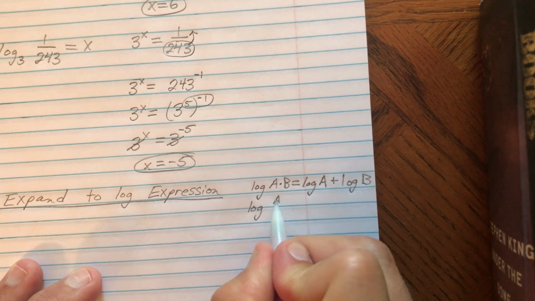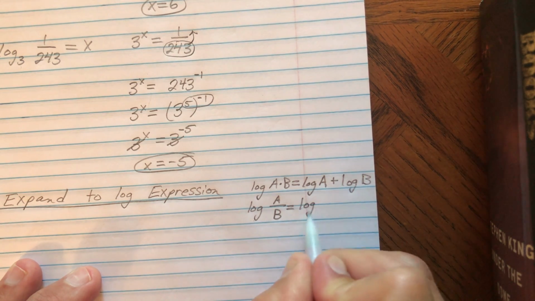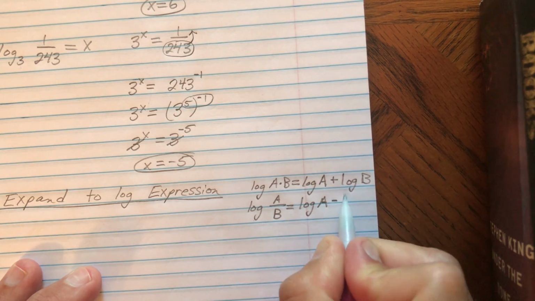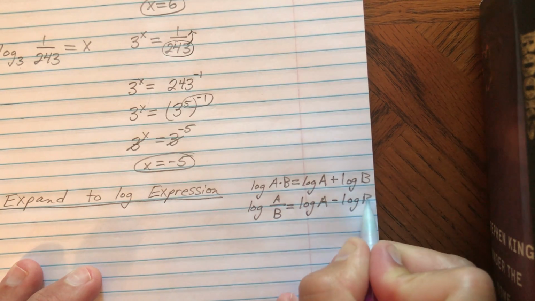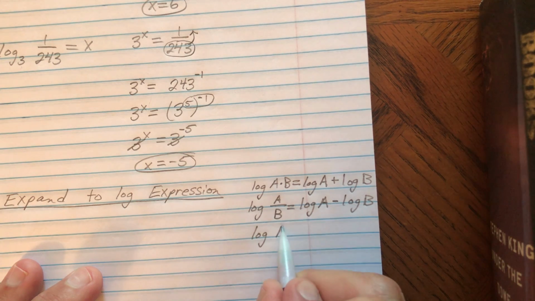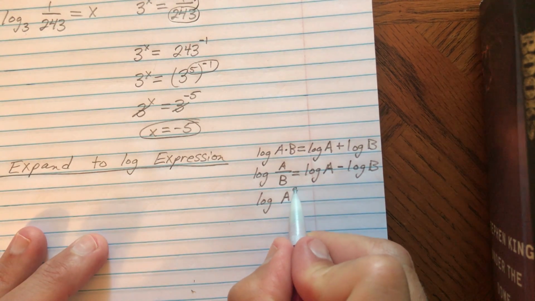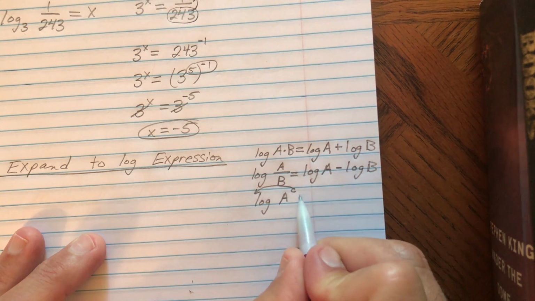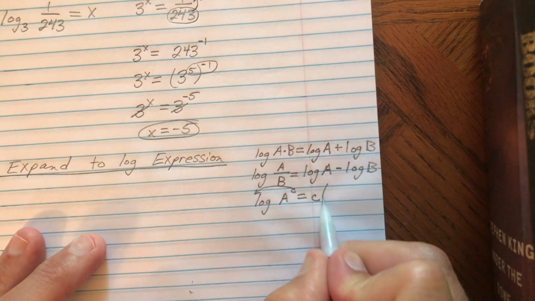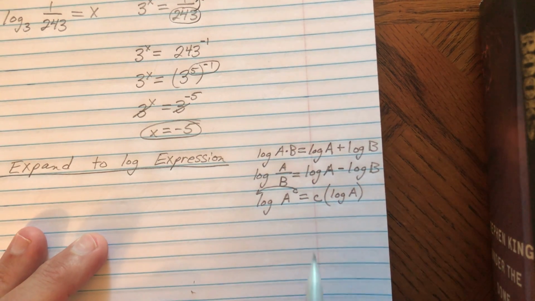What if you have a division, log of a divided by b? That changes to subtraction, log of a minus log of b. Another really important rule is if you have an exponent. What if you have a raised to the c? The c can be moved out in front as multiplication. c times the log of a.